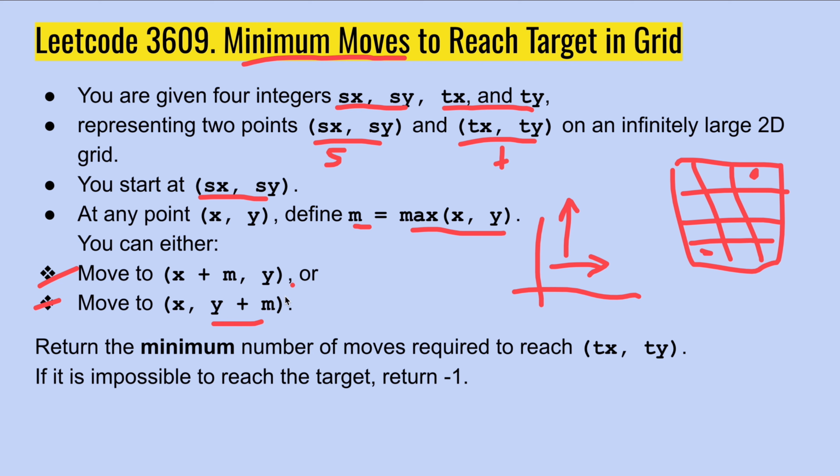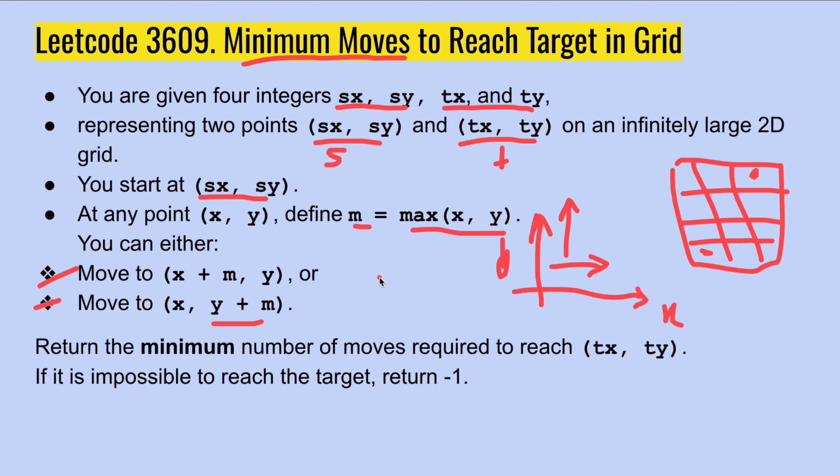You remember the coordinate system: this is x and this is y. So these two directions are given, either horizontally or vertically. At any point you get m, the max of x and y, and that is the movement we take.